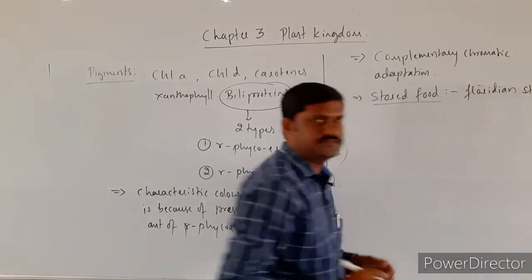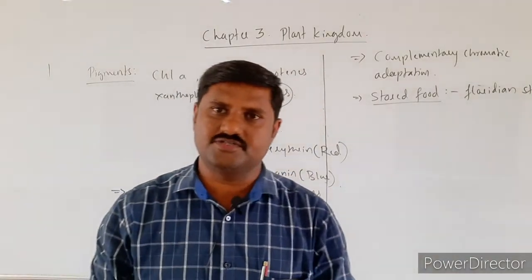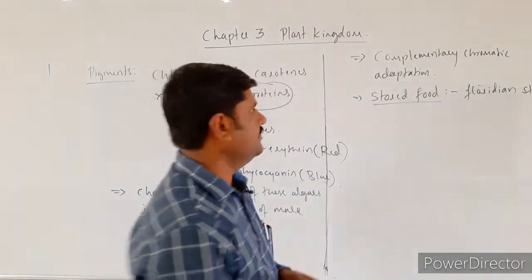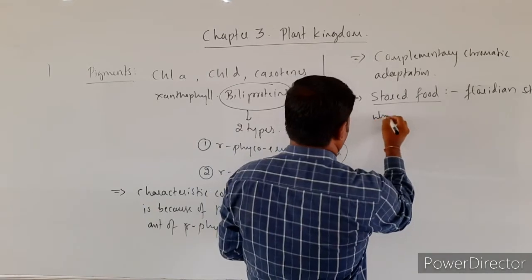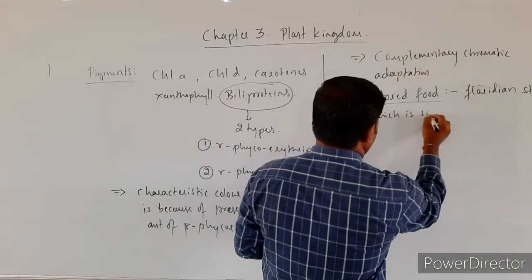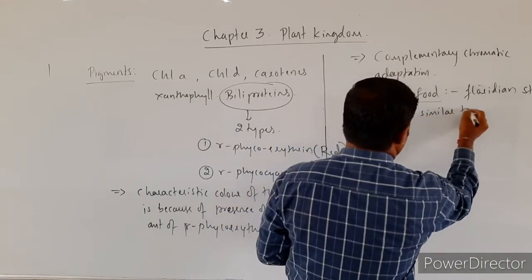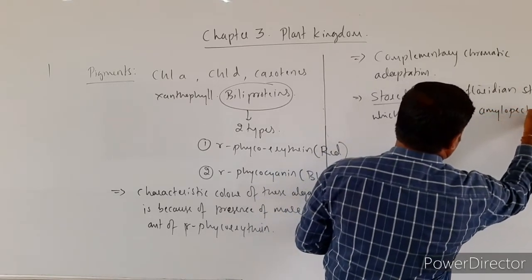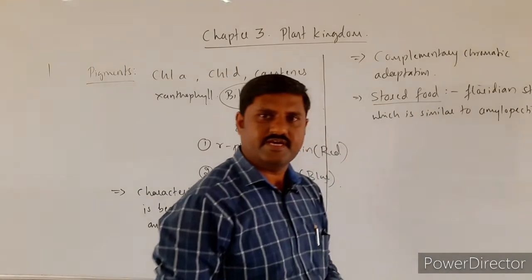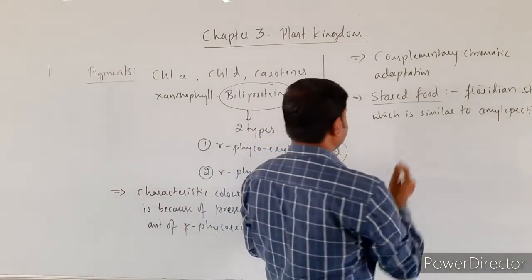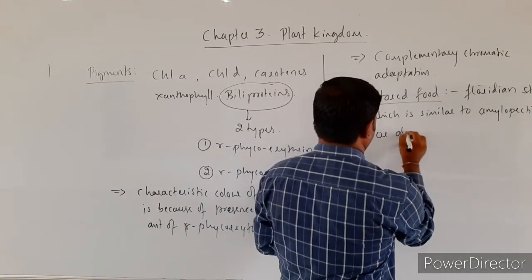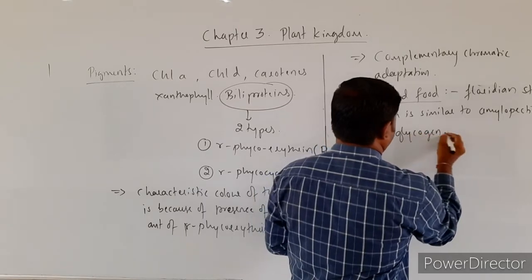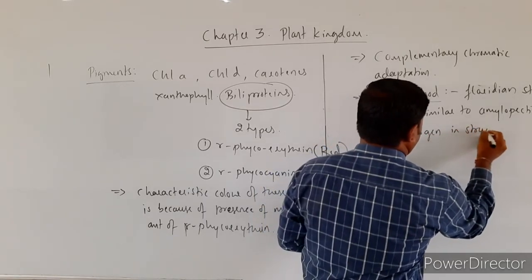Floridian starch is one kind of starch, which is similar to amylopectin or glycogen in structure.